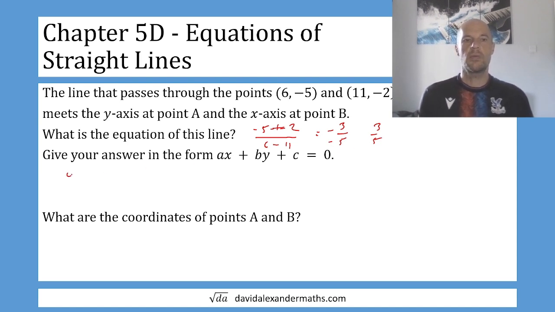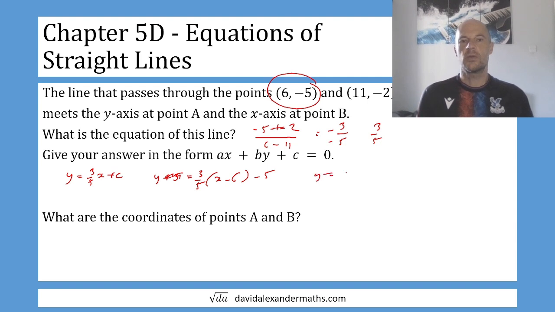So it's going to be y equals 3/5 x plus c. So what I'm going to do is y minus the y coordinate. I'll grab these coordinates here, so that becomes y minus minus 5, or y plus 5, equals the gradient, which is 3/5, of x minus the 6. So I'm going to expand this out, and then I'll just put the minus 5 over here as well.